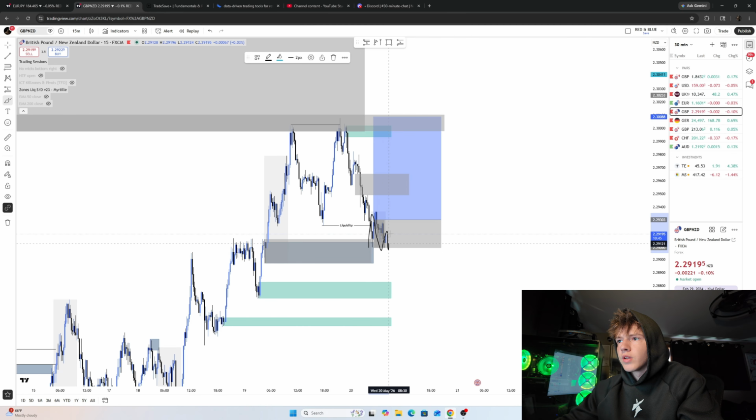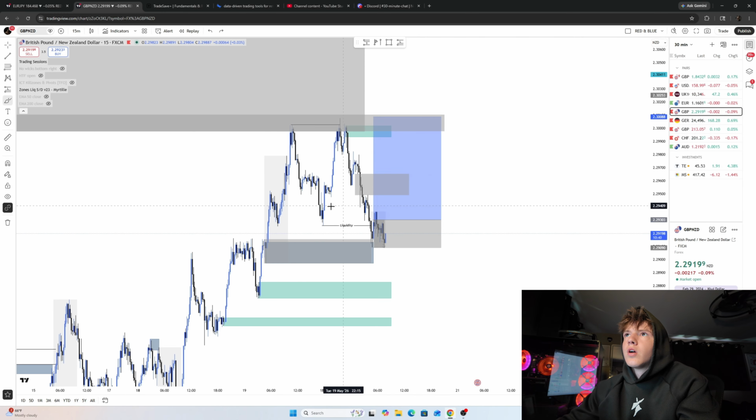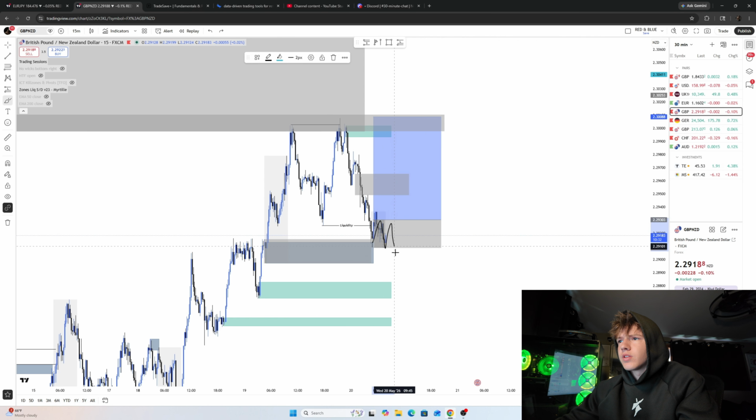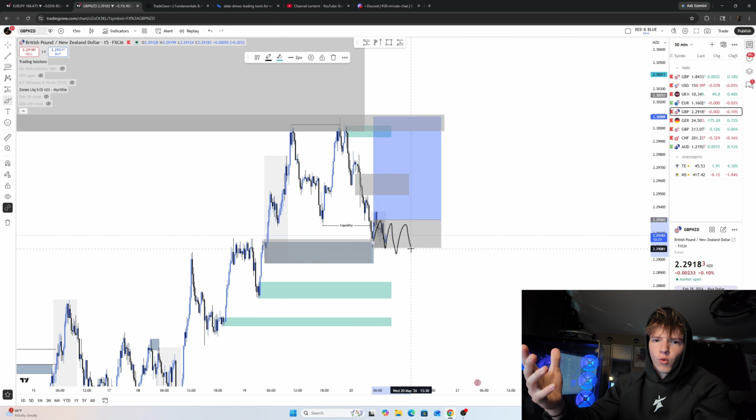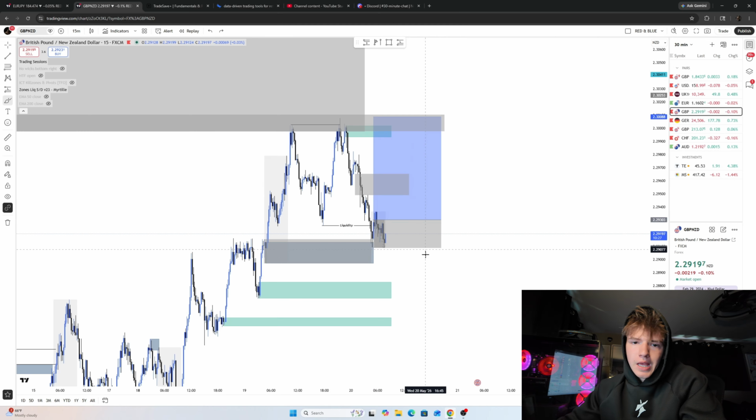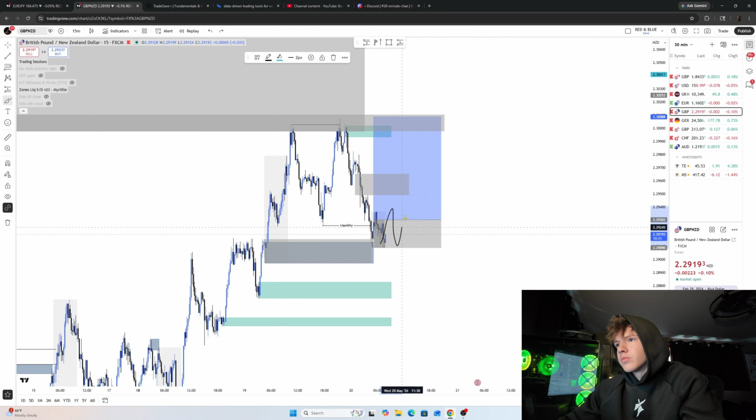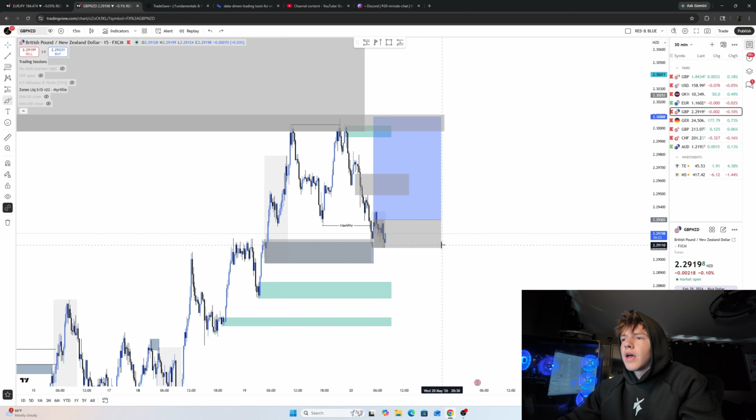We could easily consolidate here for a decent time. We also have Forex Factory speeches coming up, so the market is most likely going to consolidate for a bit beforehand because of the uncertainty. As the speeches go on, it's going to be very volatile.